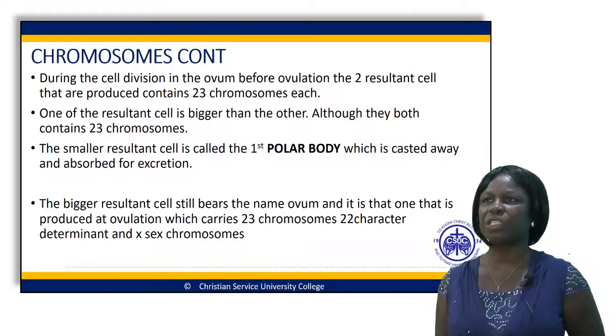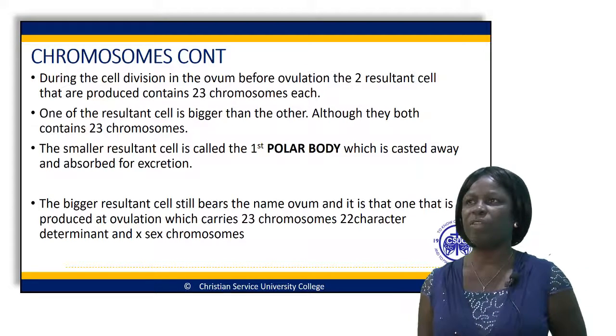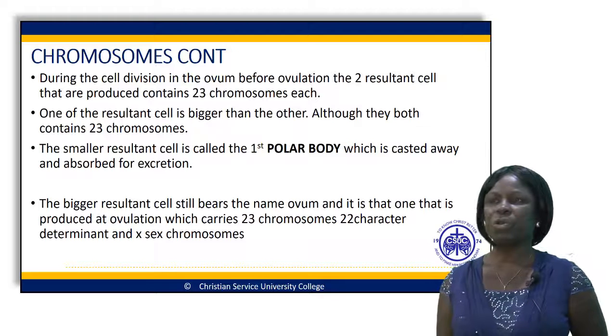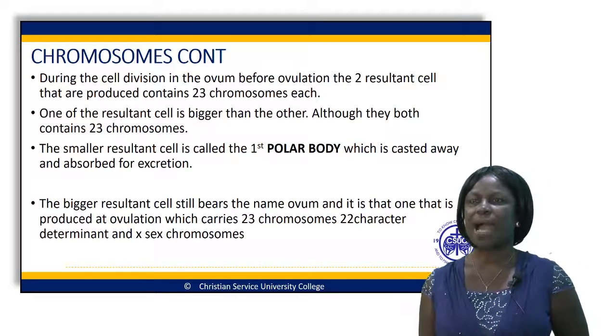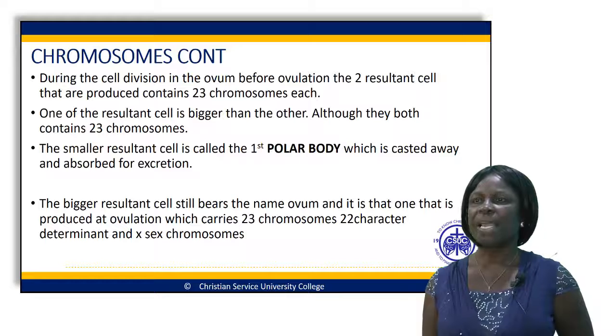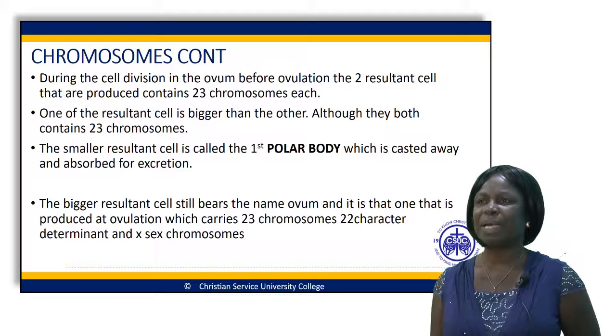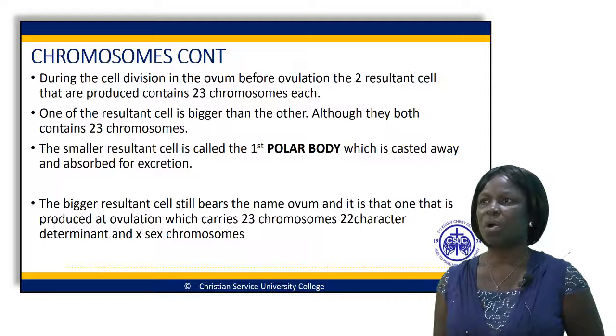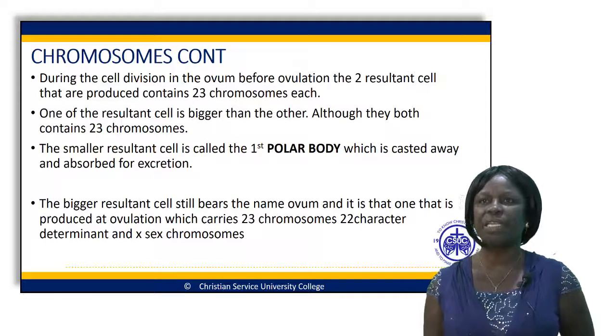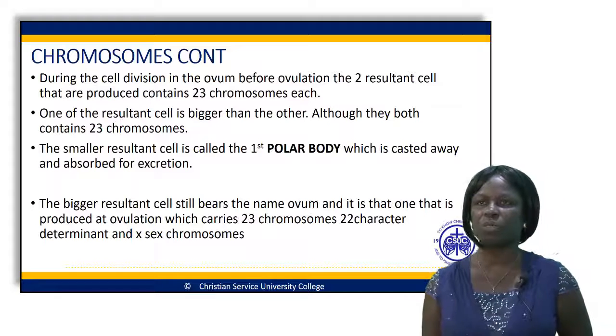During the cell division in the ovum before ovulation, the two resultant cells that are produced contain 23 chromosomes each. One of the resultant cells is bigger than the other, although they both contain 23 chromosomes.